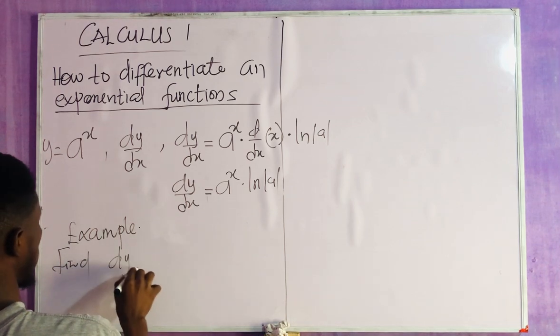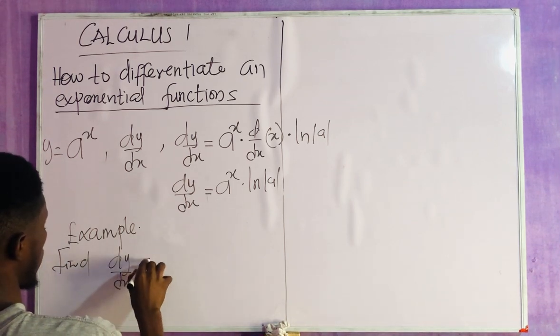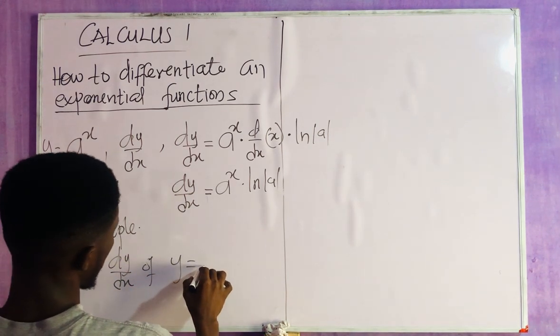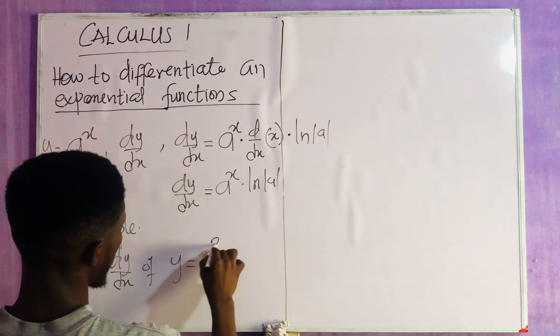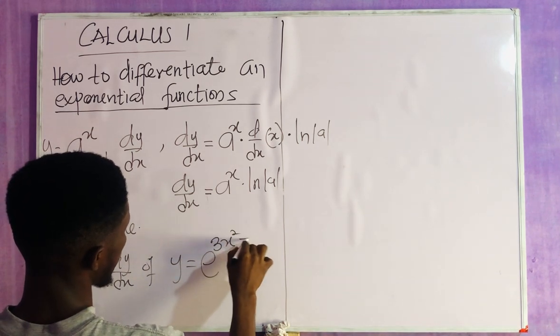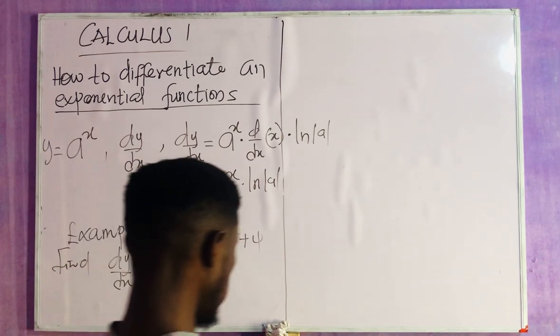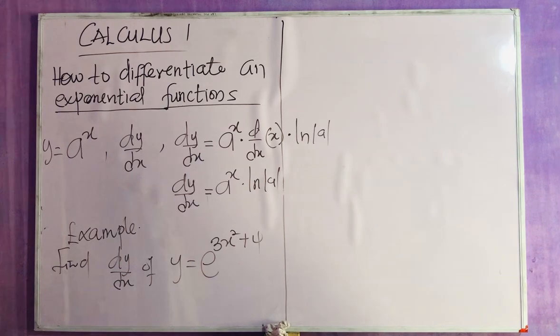So, example: find dy dx of y equals e to the power 3x squared plus 4. So now let's look at how you can solve this example.